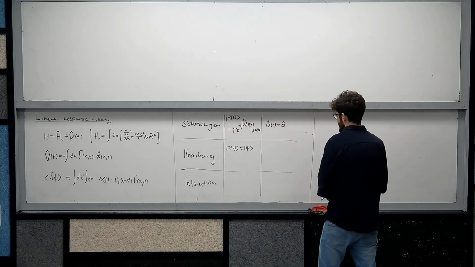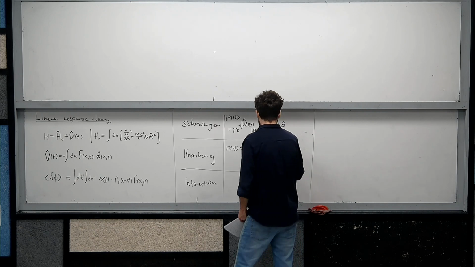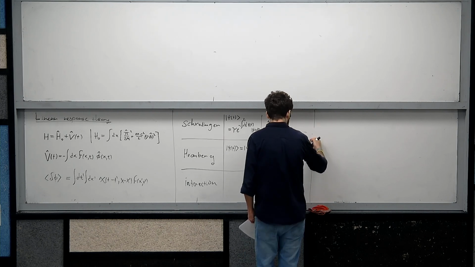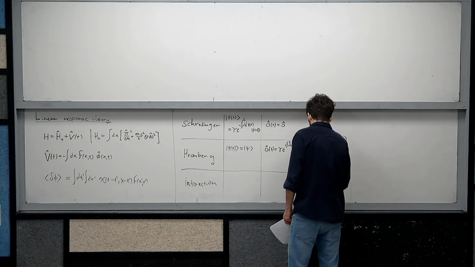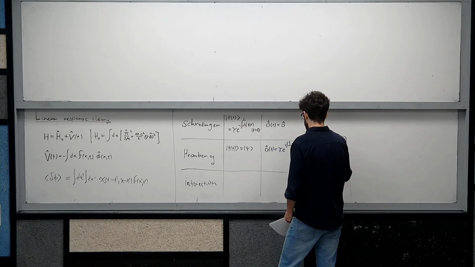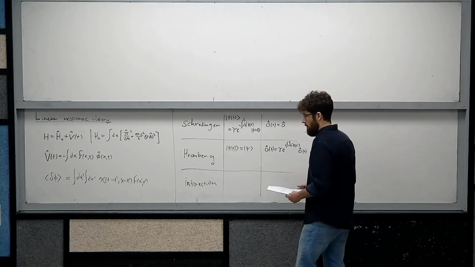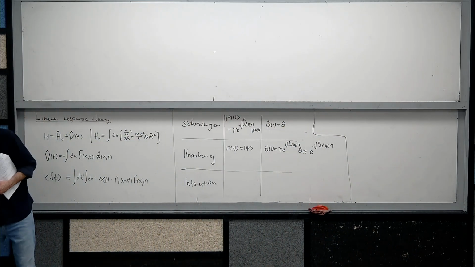It's just a state. The operator O of t is something like this, right? But this is the time ordering operator.